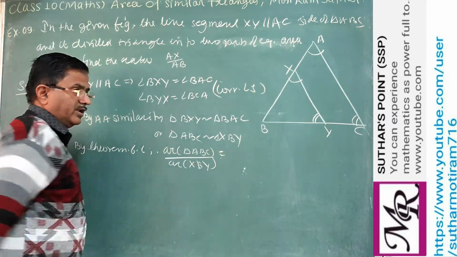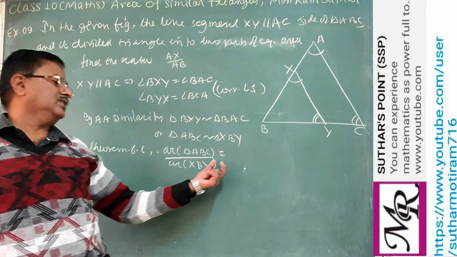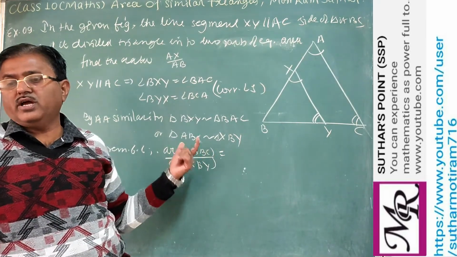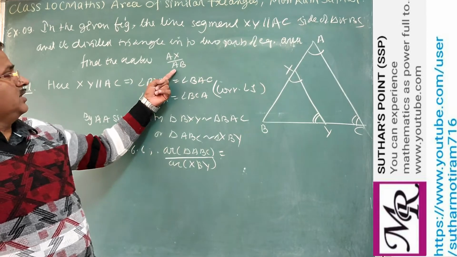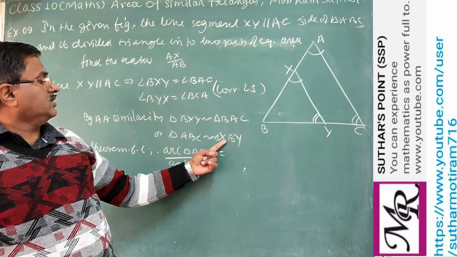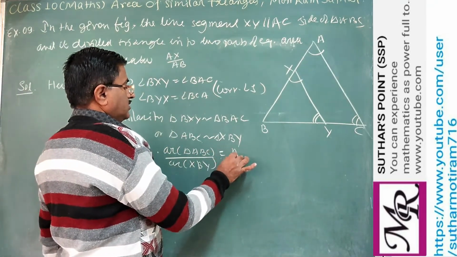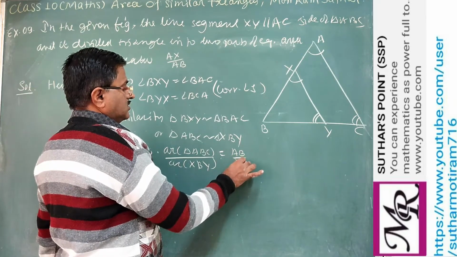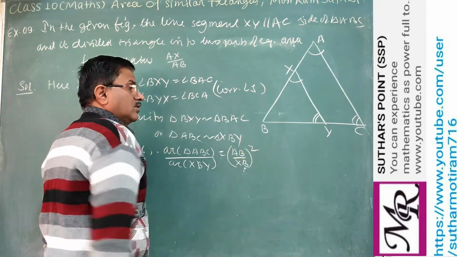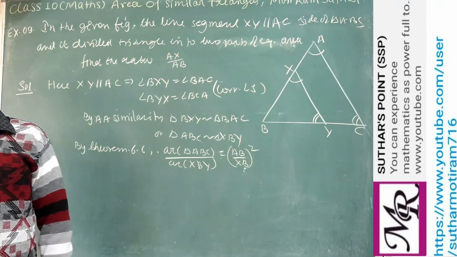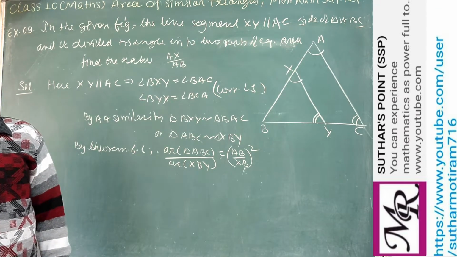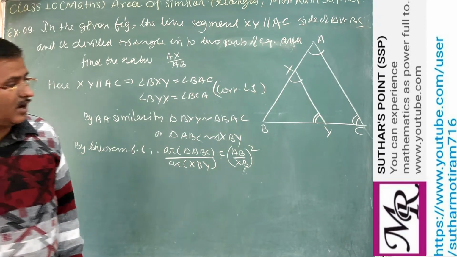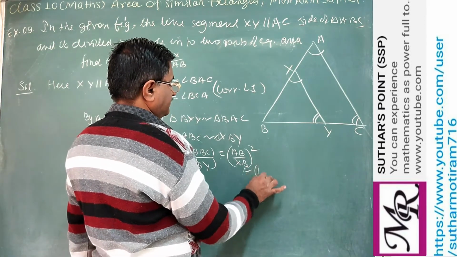As per our requirement, all three sides' ratios are squared equal, but we take that side which we need. So we need AB, and the corresponding side is XB. So AB upon XB. We are taking only one side's ratio for both triangles.